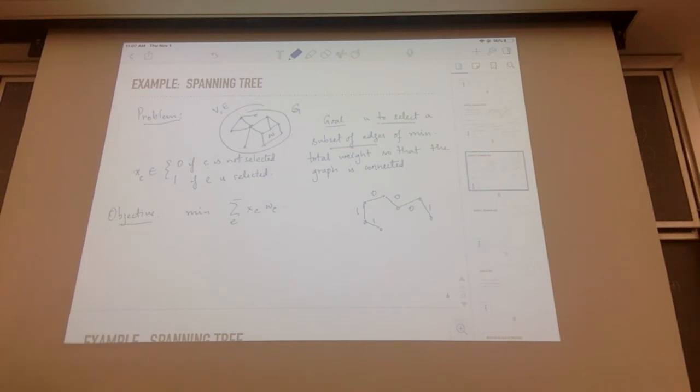A hint could be, remember that connectivity was similar to the problem we had in shortest paths: connect S to T. Now it's not about S and T anymore, it's about the whole graph being connected. Can you take a page from that?